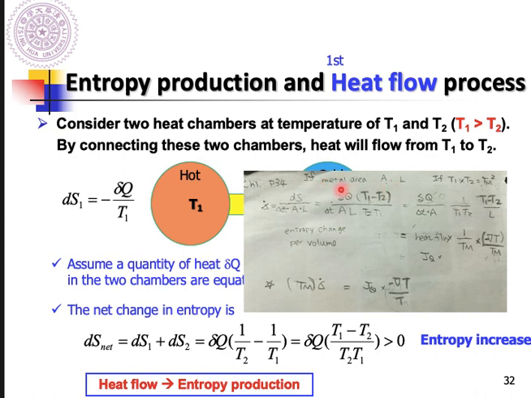So we assume the cross-section area of this metal bar is A, and the length of the metal bar is L. So we can simply formulate the entropy production rate per volume using ds net divided by the time period delta t and the volume A times L. We just put this term inside here, so we get this one. This part is ds net divided by t, A, and L.